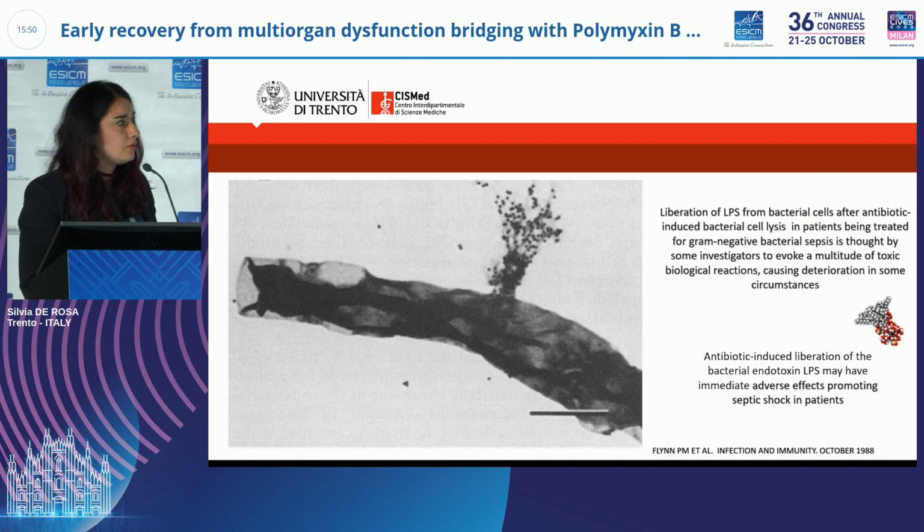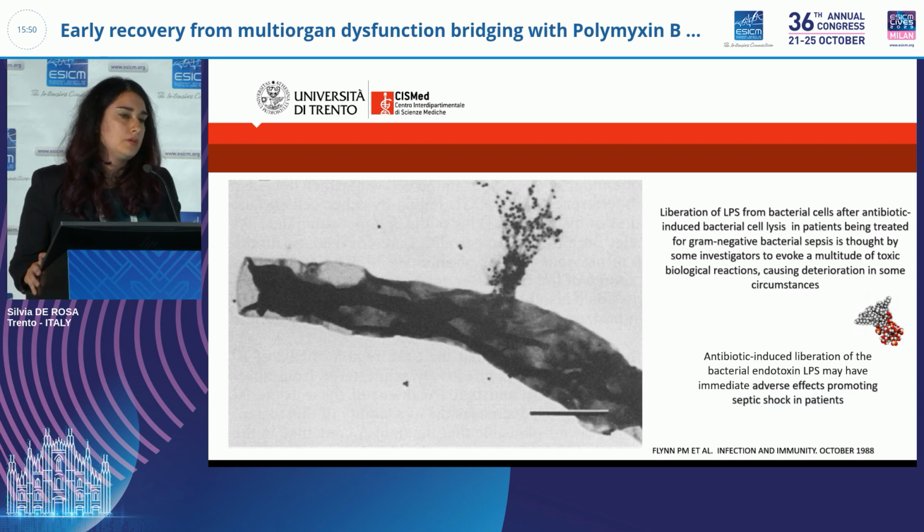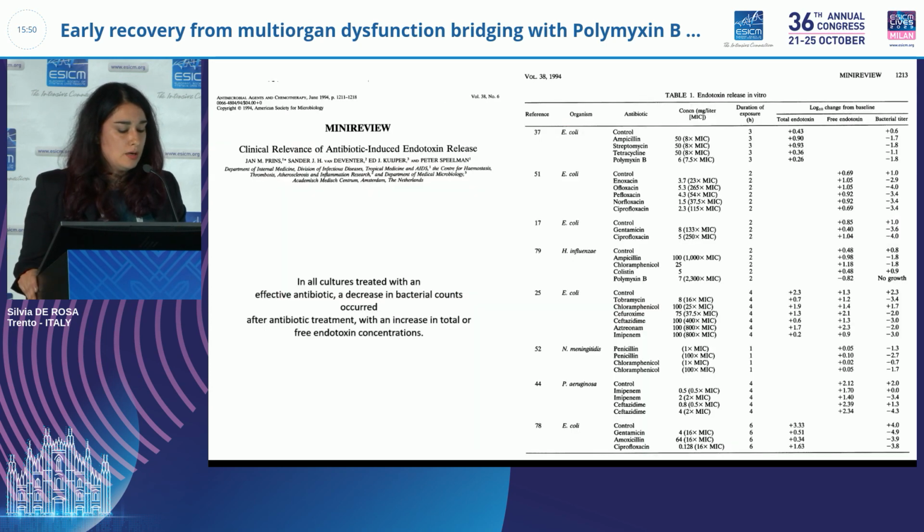This is because when we give an antibiotic to our patient with gram-negative bacteria, there could be an explosion, and we have a high increase of endotoxin concentration. And we saw this several years ago.